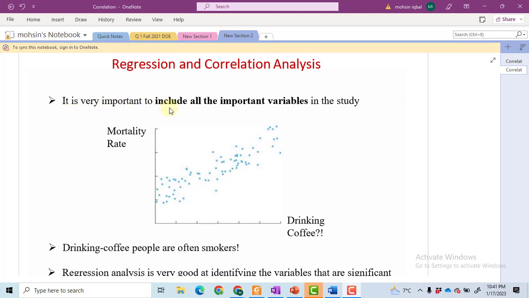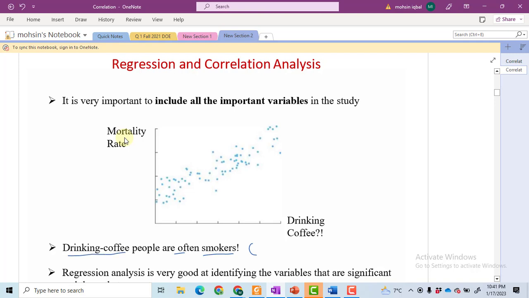It is also important to include all the important variables in the study. For example, here this data says that with the increase in drinking coffee, the mortality rate increases. Does it make sense? No. But we can make some judgment and some inference that smokers often drink too much coffee.